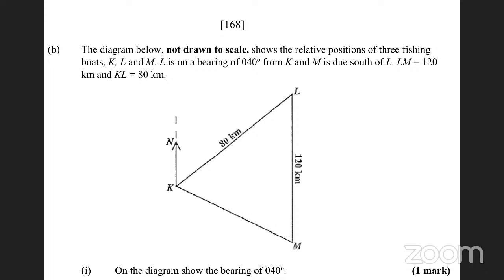Right, they said KLM, L is on a bearing of 40 from K, sorry. So I want to see a 40 in the diagram. And M is due south of L.